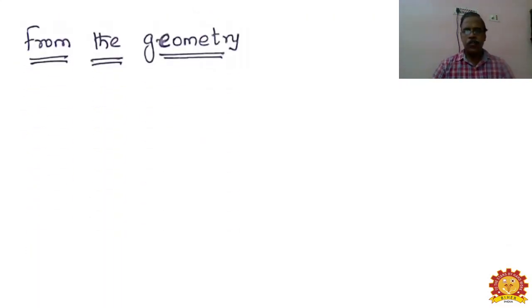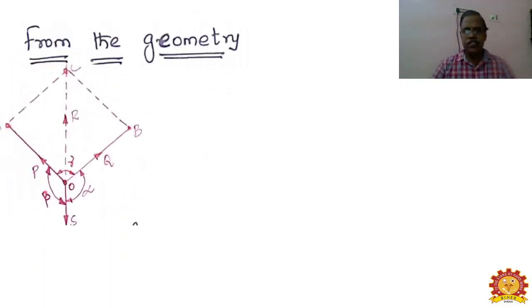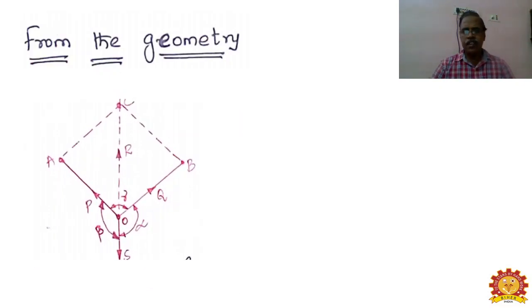Now, from the geometry of the diagram you're seeing on the screen, from the three forces, draw parallel lines: AC should be parallel to OB, and you should draw a line parallel to AO, that is BC.